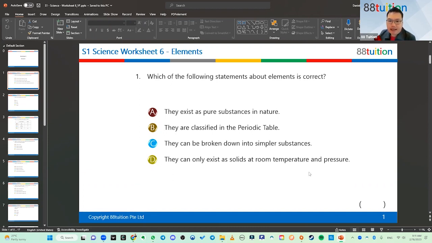Elements, can they be broken down into simpler substances? What kind of things can be broken down into simpler substances? What kind of things have you learned?